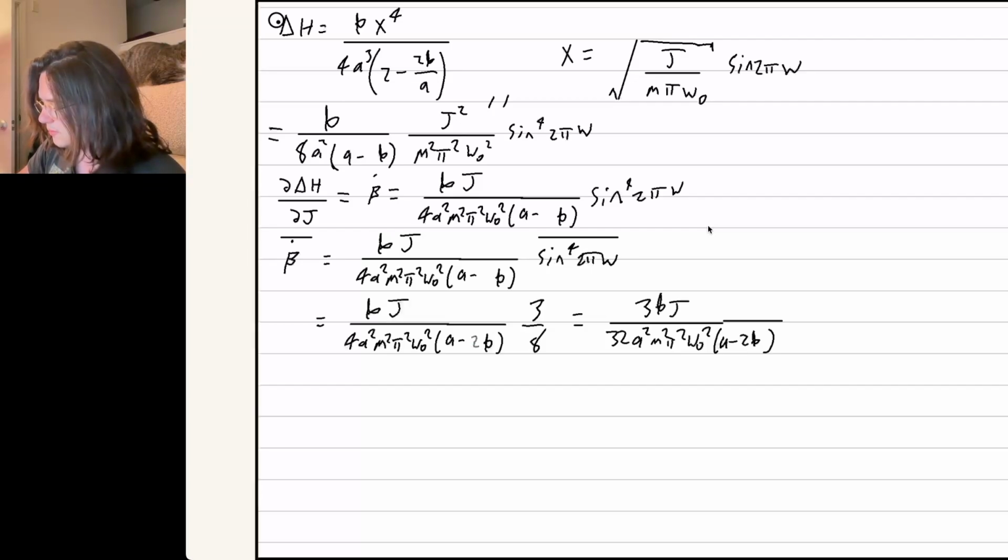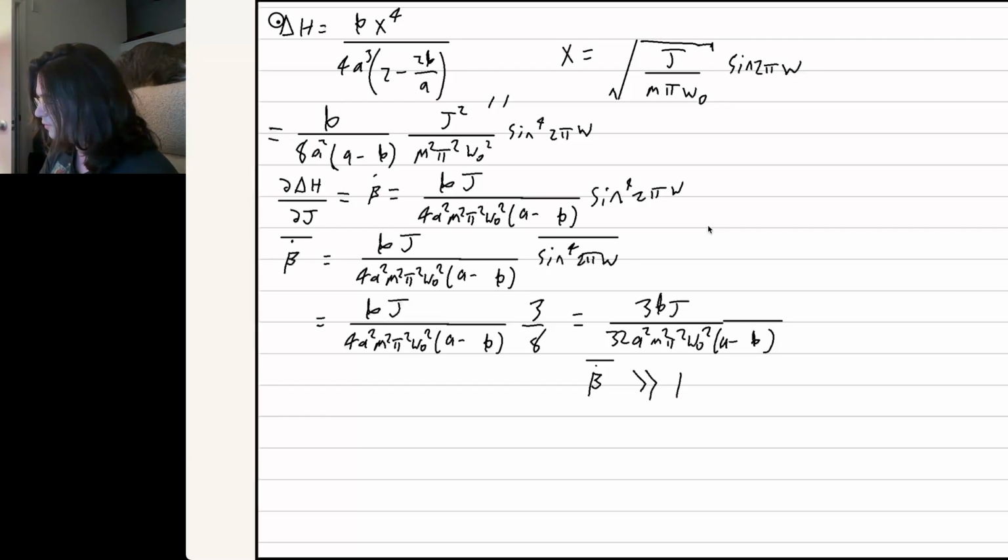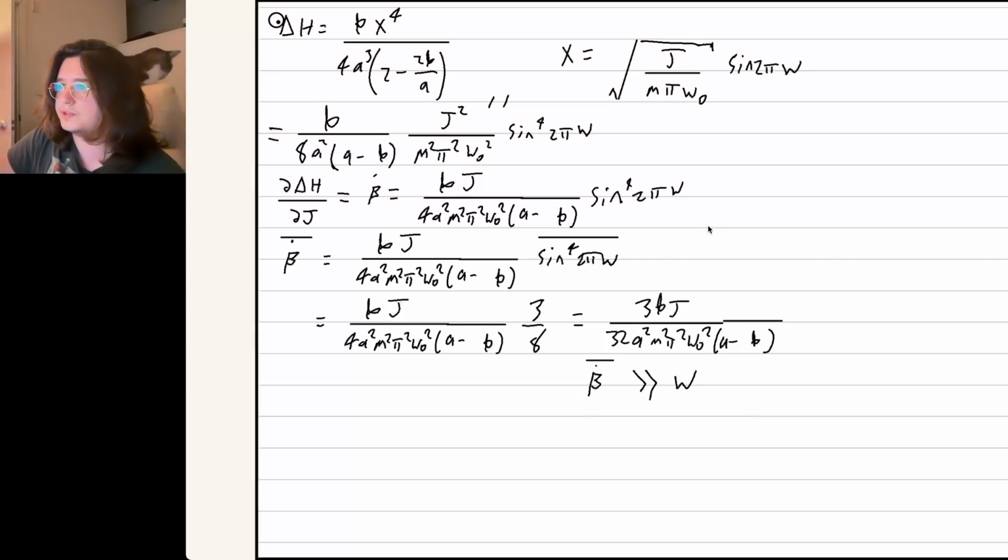And this is to illustrate the fact that when A approaches B, the denominator gets smaller and smaller, and so the correction to the frequency starts to become a lot larger than the usual frequency, omega, which means that the motion is probably going to stop oscillating and start being really weird. Either it's shooting off into space or just staying completely still.